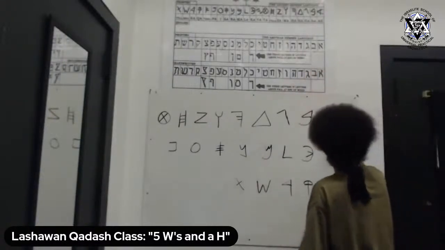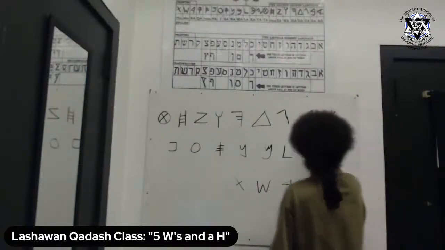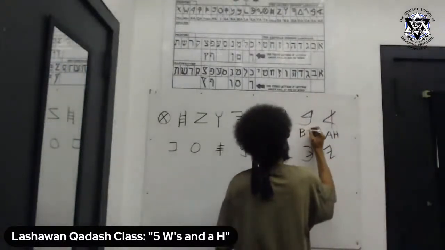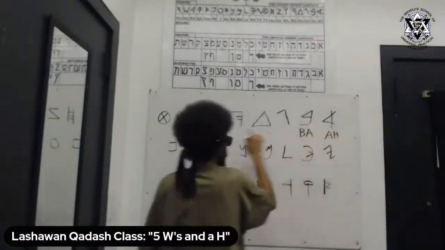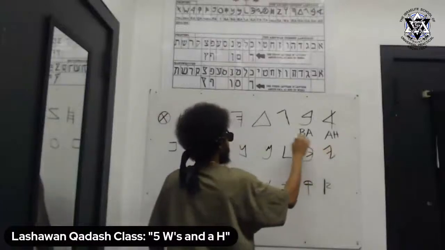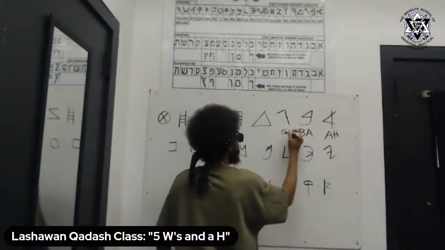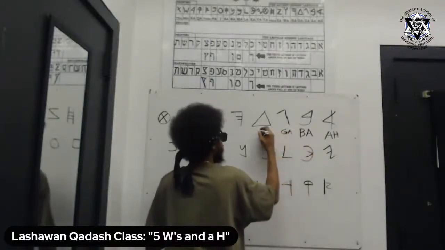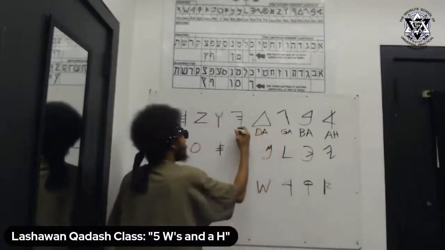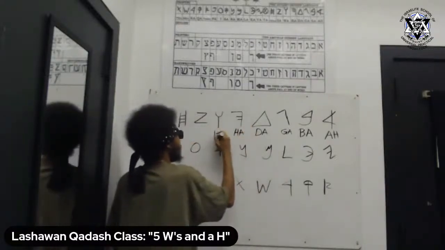So this right here is the, and a lot of the letters, these are all letters, the alphabet letters of the Hebrew. GA. Is that correct? Yeah. HA. Wa.